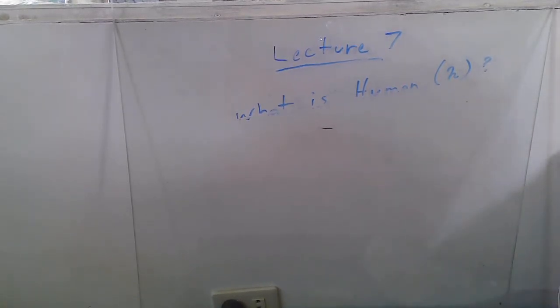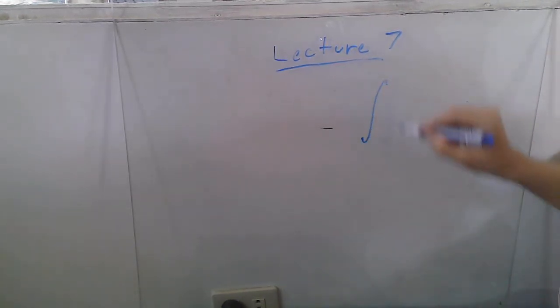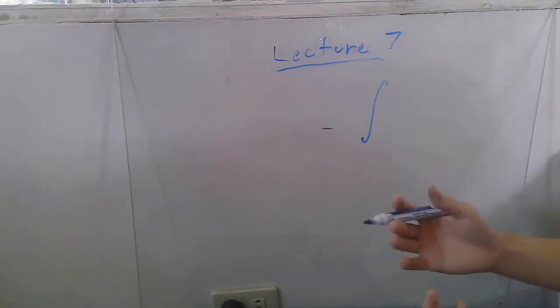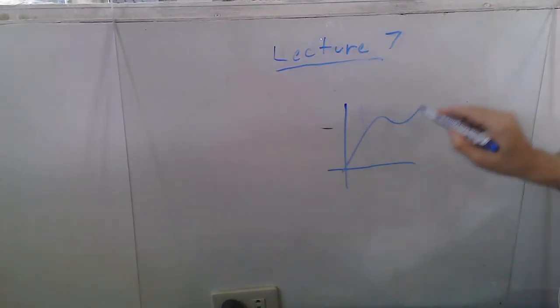Okay, so what exactly is an integral? What is this scary swoopy S that I just wrote out? Basically, at the most basic level, this is our axis and this is our function.